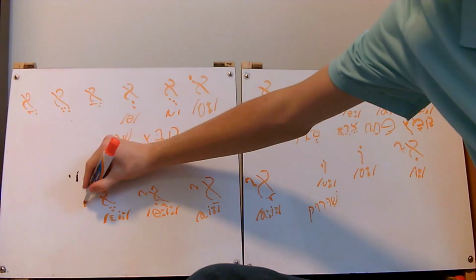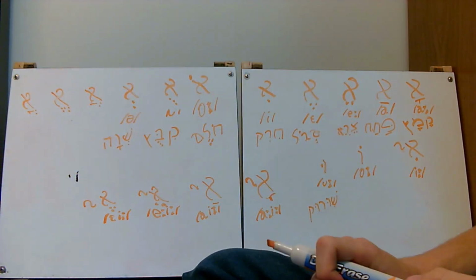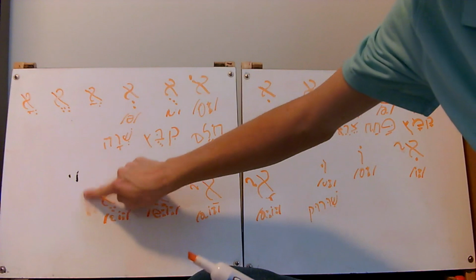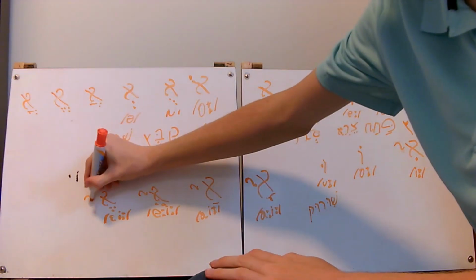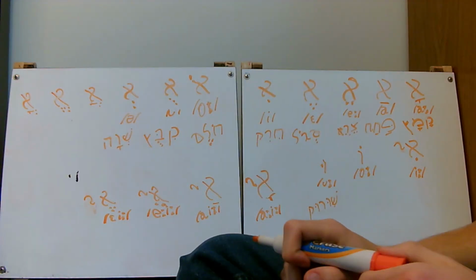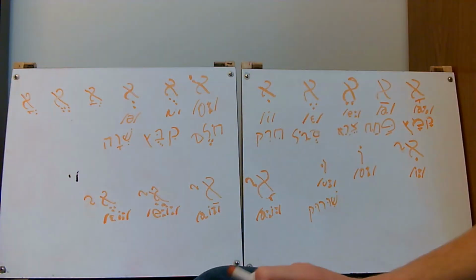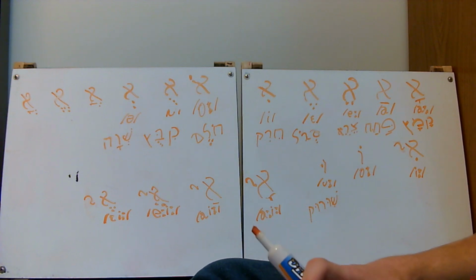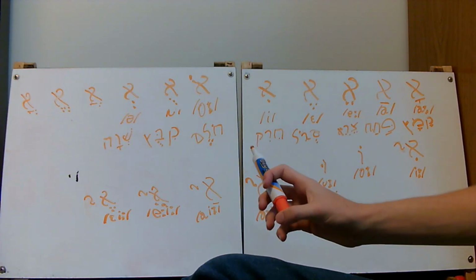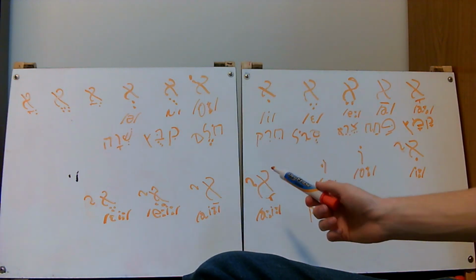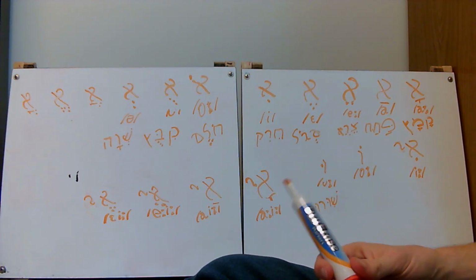Oh wait, I forgot to write the yod. That's kind of a big yod. Still a big yod, but no one cares. So, yeah. And that's all that can diphthong into a yod for the sound E.